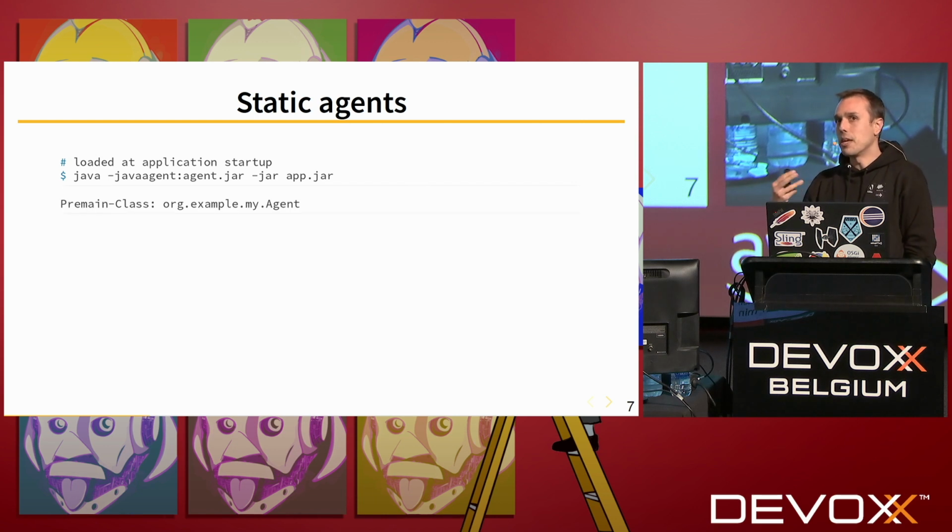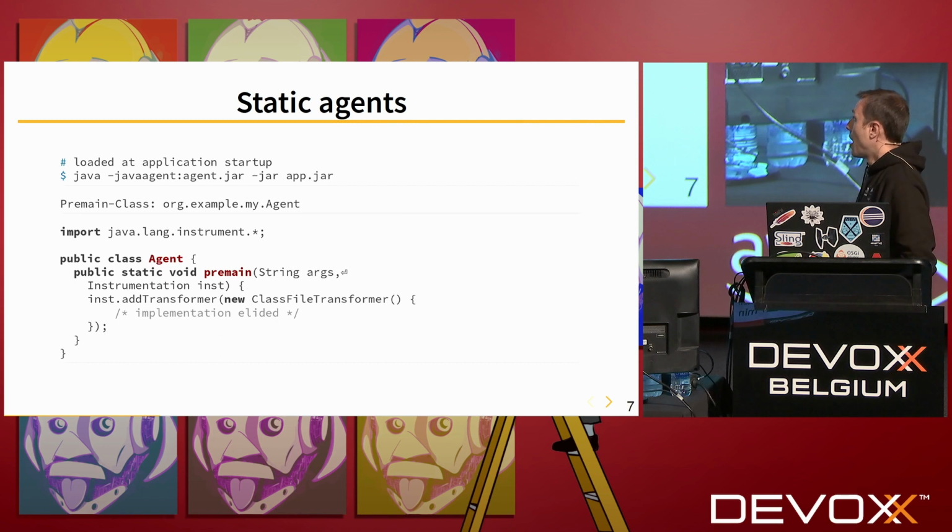In order for the JVM to know which class we want to define as an entry point to the agent, we need to add a special manifest entry, which is called Premain-Class. And of course, this is a fully qualified name, a class definition. And then the class needs to look a little like this. So you have a premain method, which matches the Premain-Class definition, and takes this exact signature.